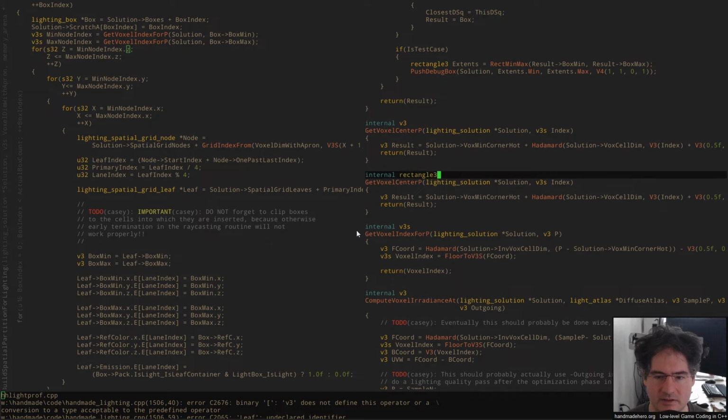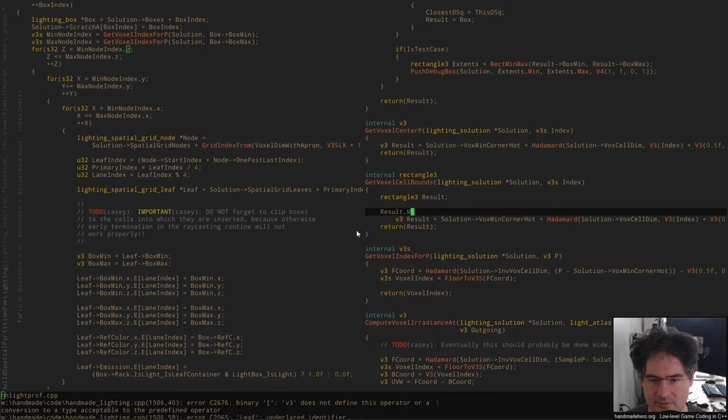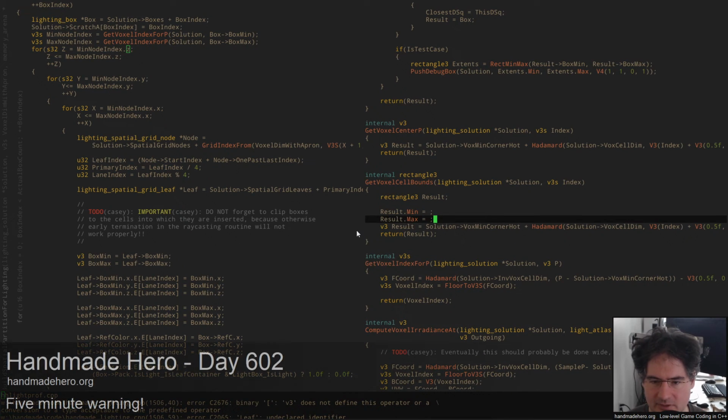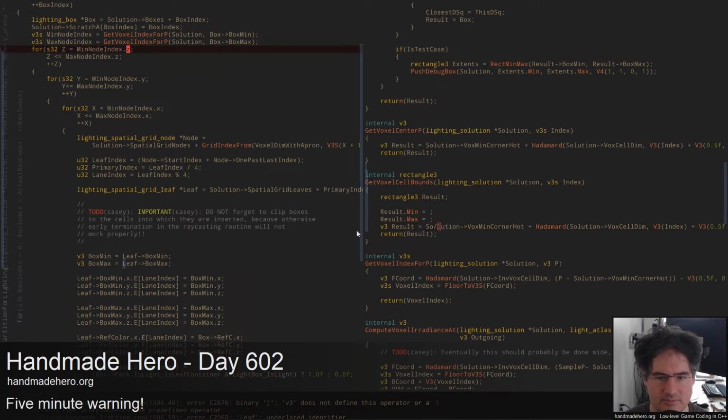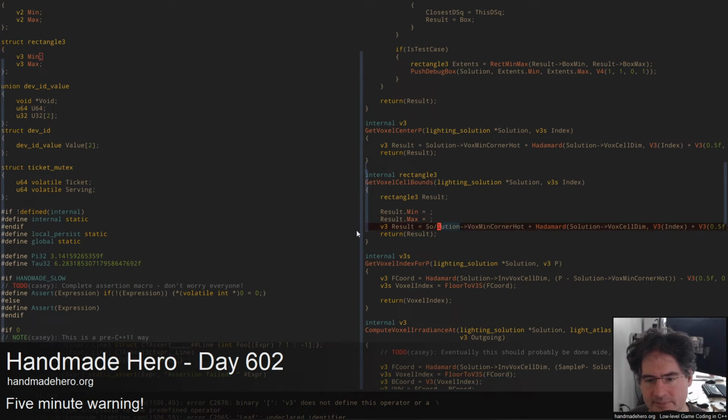Let's just say, here's a rectangle 3, get voxel cell bounds, something like that. So if you pass in a particular index, then the result that comes off of this, right, has a min and a max value. And in both cases, you're going to start with the min corner.